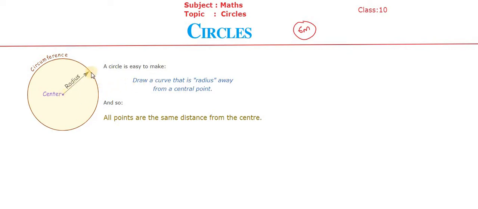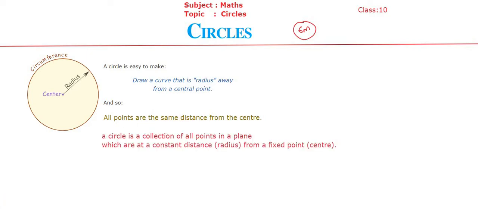So this is a radius, this is the center of the circle, this is the circumference. Now how can we define the circle? In a circle, all points are the same distance from its center. We can also define it like this: a circle is a collection of all points in a plane which are at a constant distance, that is the radius, from a fixed point, that is the center.